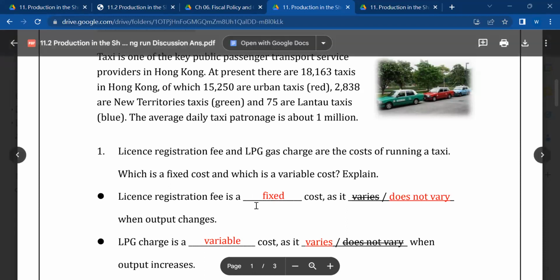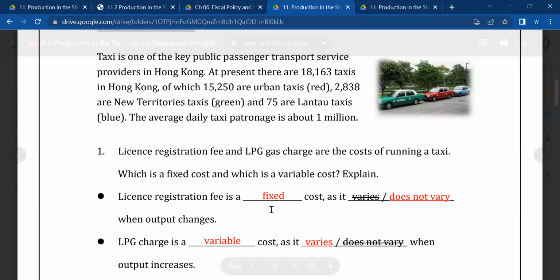Okay, let's move on. So this is a revision about fixed cost and variable cost.